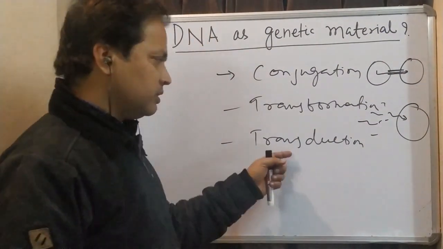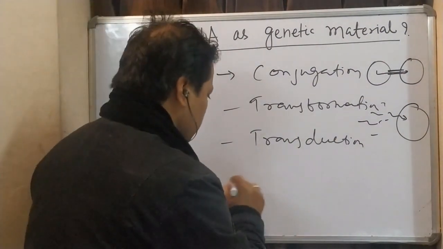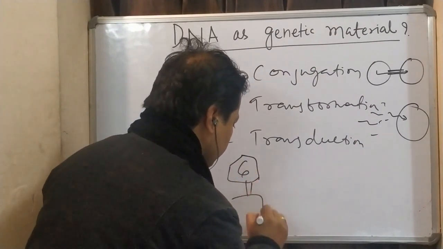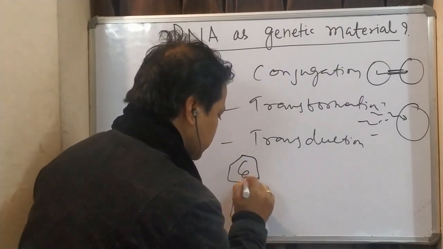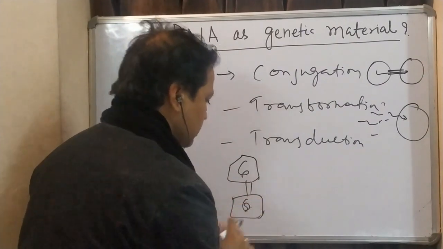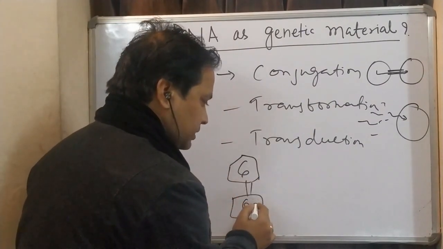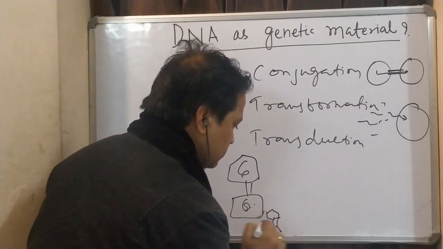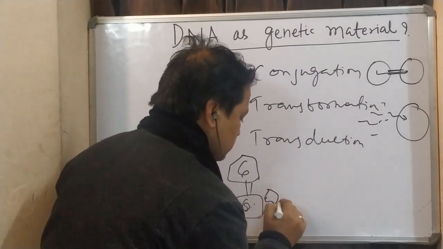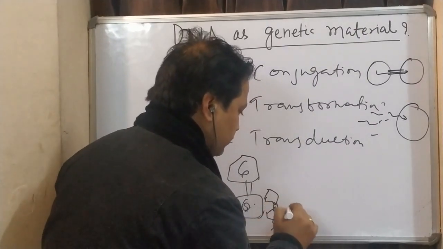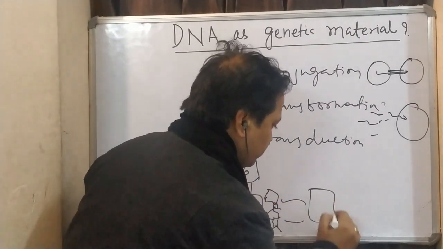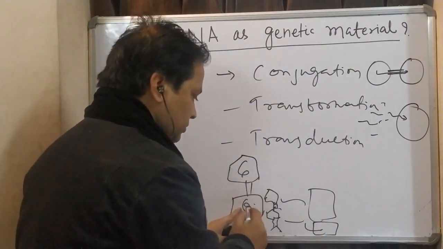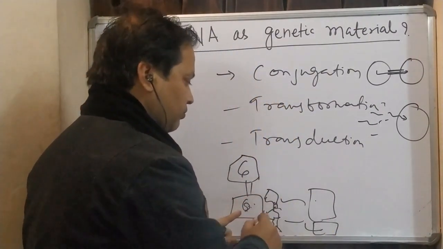And the third is the transduction process, where a bacteriophage infects a bacterial cell and transmits its DNA there. The bacteriophage replicates and multiplies, forming a number of bacteriophages. These freshly prepared bacteriophages can now infect other bacteria, so the DNA from one bacteria will be transferred to the other.